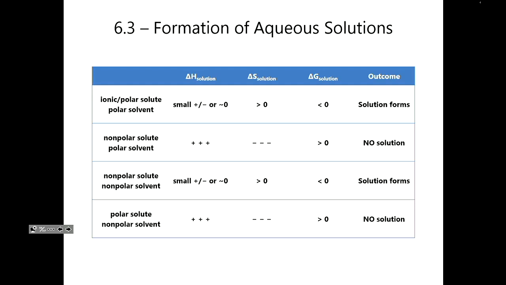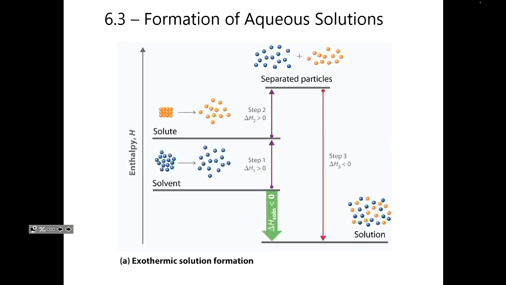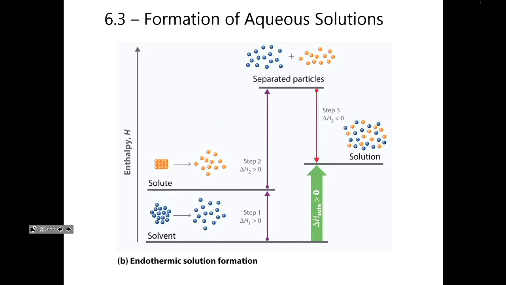So this little table is simply trying to summarize, give you some insight as to when you would expect a solution to form. And again, it's all based on the notion that delta G needs to be negative. If it's positive, it's not happening. So when you have an ionic or polar solute in a polar solvent, the delta H, depending on, again, whether it's endo or exo, will be positive or negative.